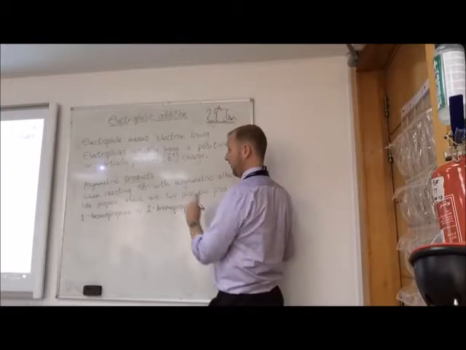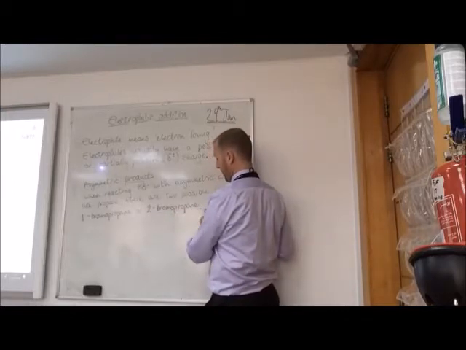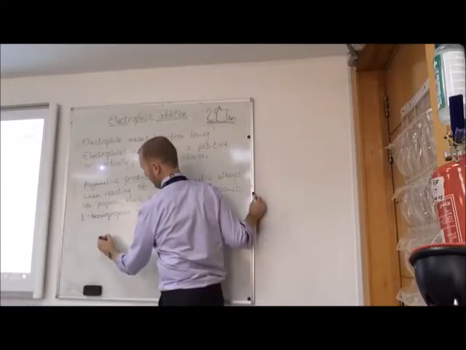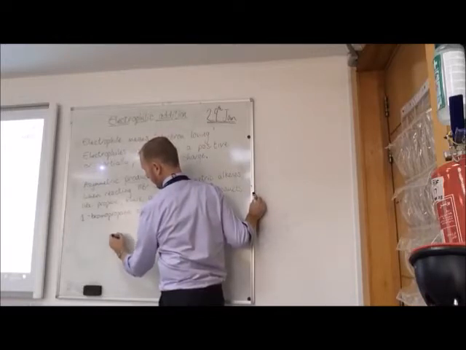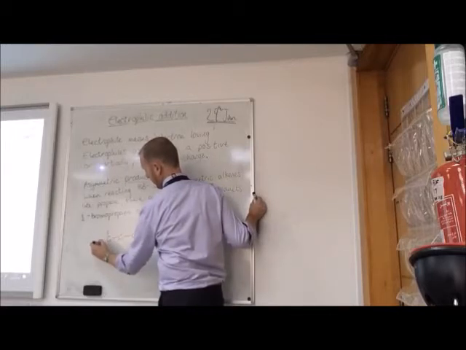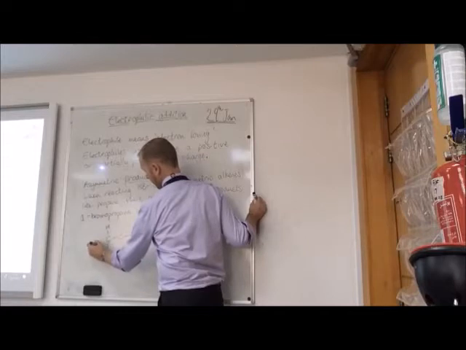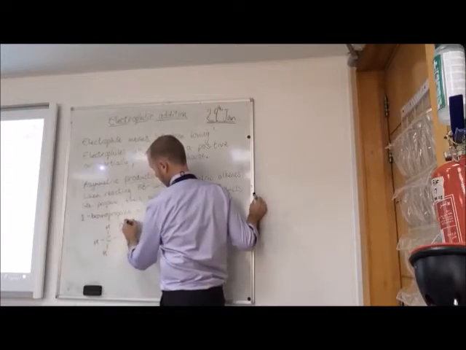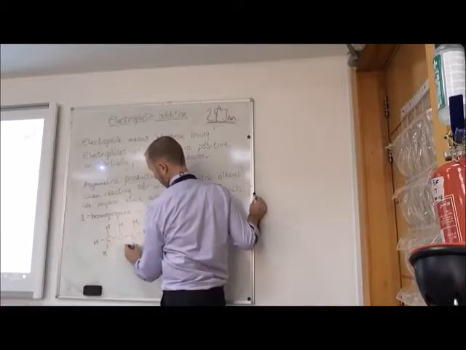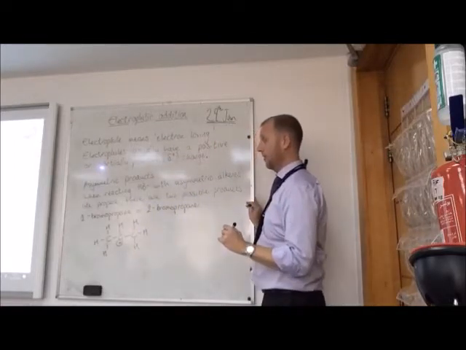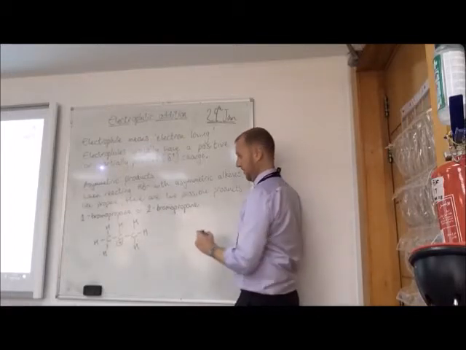The reason though that 2-bromopropane is the major product is because of our intermediate. If I show you the 2 different intermediates, you might be able to see the difference. So that's the intermediate that will lead to 2-bromopropane.